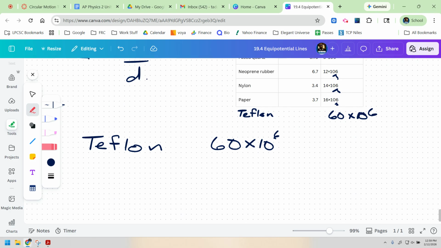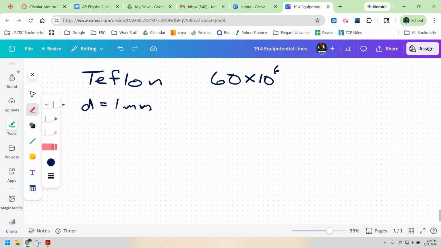All right. And then what if I have the limit for my separation? So that means Teflon is about 60,000 volts, right? And then what if I have a separation of d equal to 1 millimeter, right? So how do I figure out the charge for Teflon? One other thing I should point out is that Teflon's kappa value is 2.1.